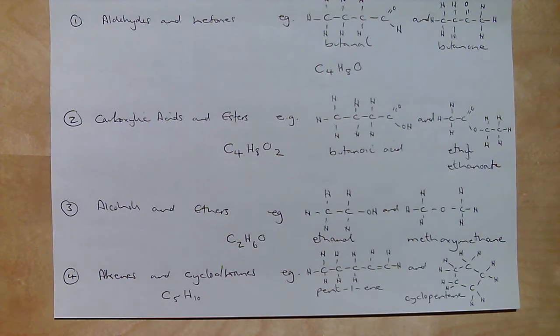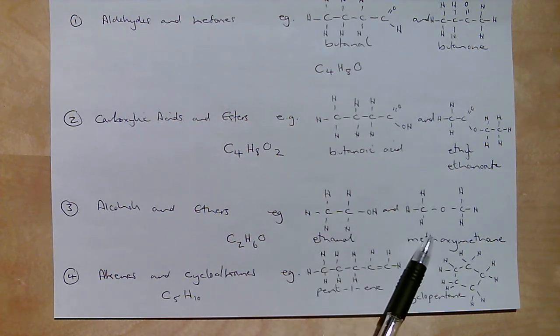Our next pair of functional group isomers are alcohols and ethers. We don't strictly need to know what an ether is, but it's useful to know it and just to recognise them. So alcohols, ethanol, molecular formulae C2H6O.